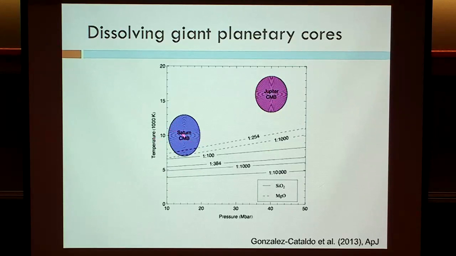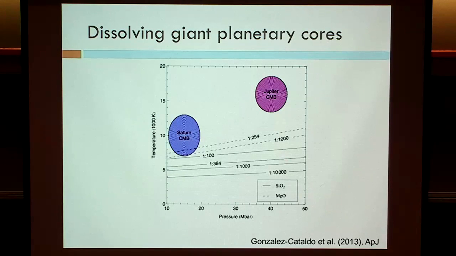And what he's saying is that you can dissolve silica in hydrogen in the amount of 1 to 100. If you think about how big the core is compared to the mass of the whole planet, that's quite a lot. That's a lot of the core that you can dissolve in the hydrogen envelope of Saturn. And so that gradual transition between rocky core and hydrogen-rich envelope actually has some basis in these ab initio calculations.